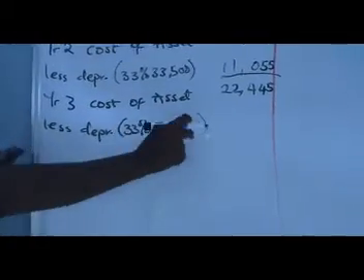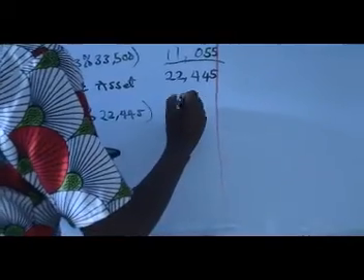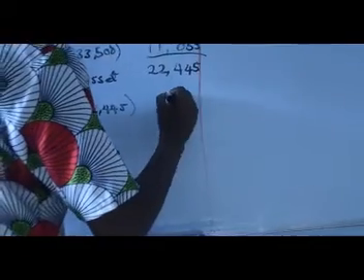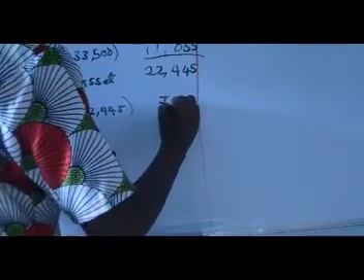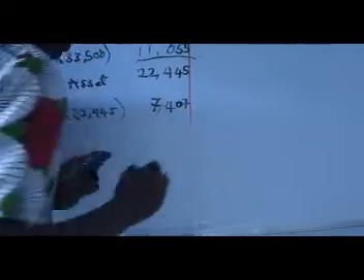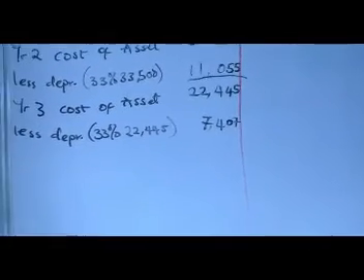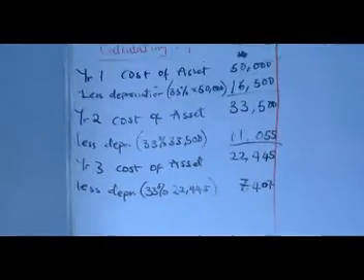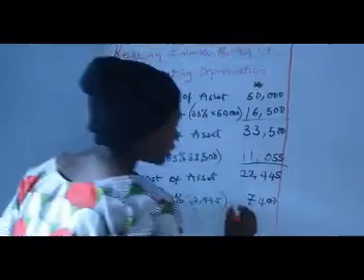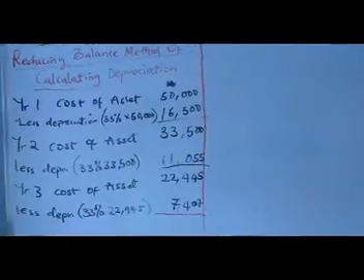And if you work this out, we'll be having approximately, now I'm rounding up to the nearest whole number, 7,407 naira.